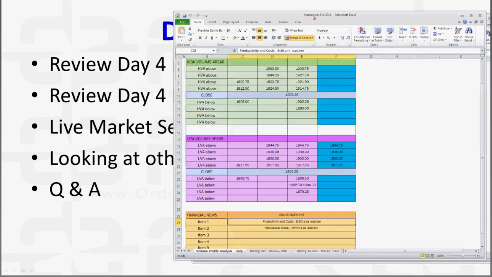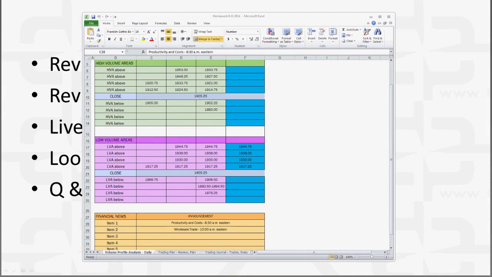And the homework you had for last night was to take a look at your charts and put this together, get these numbers out. And again, if your numbers are different than mine, I'm not going to worry about it too much. The key thing in all of this is that you worked to get those numbers out there.